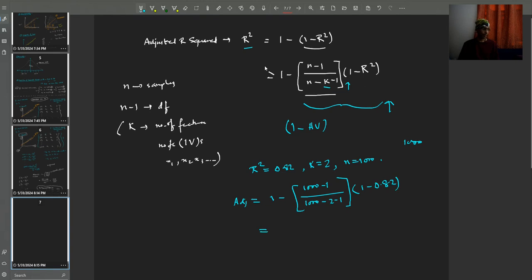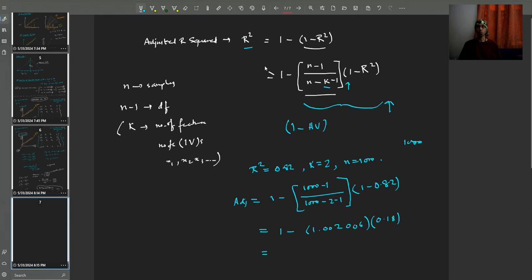Now if we calculate this, friends, this comes to 999 divided by 997. This is 1 minus 1.002006 times (1 minus 0.82), and 1 minus 0.82 is 0.18.